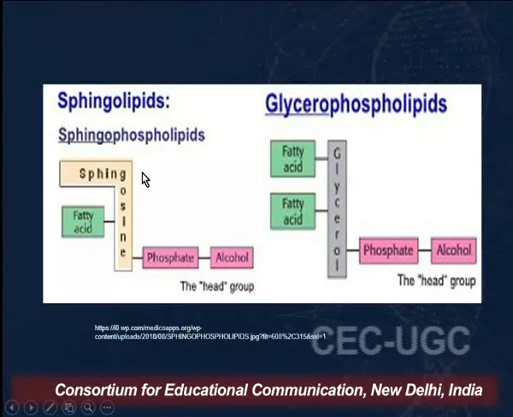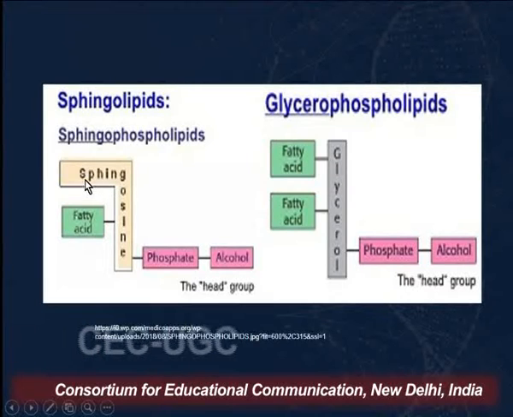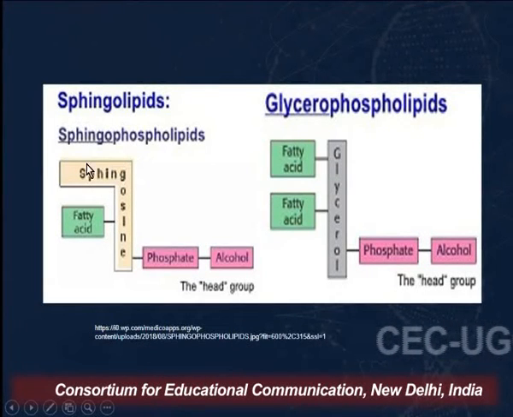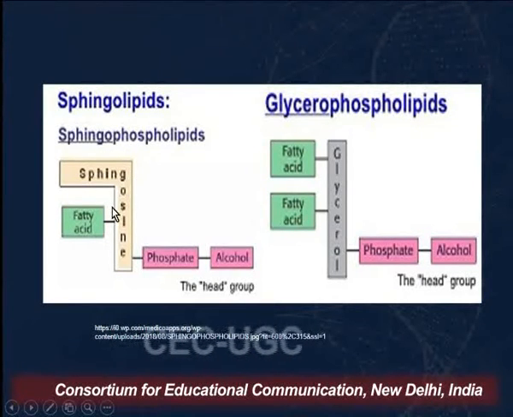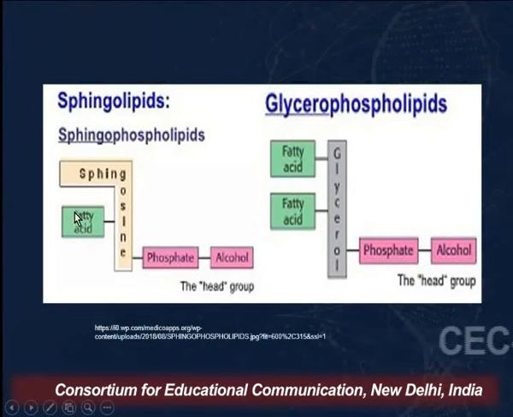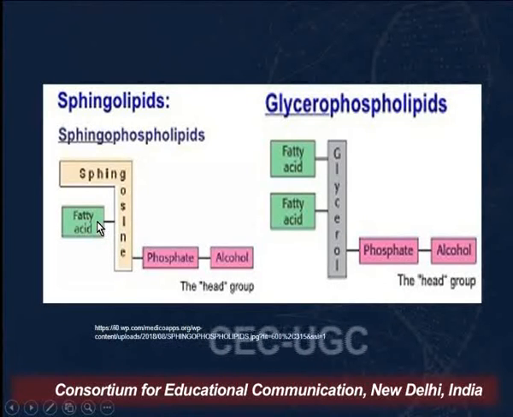But please remember, it is present here. And this is the long chain unsaturated fatty acid. So whenever you see this structure in a molecule, it should immediately come to your mind that this is a sphingolipid. Now the amino group here undergoes reaction with fatty acid, resulting in an amide linkage here.